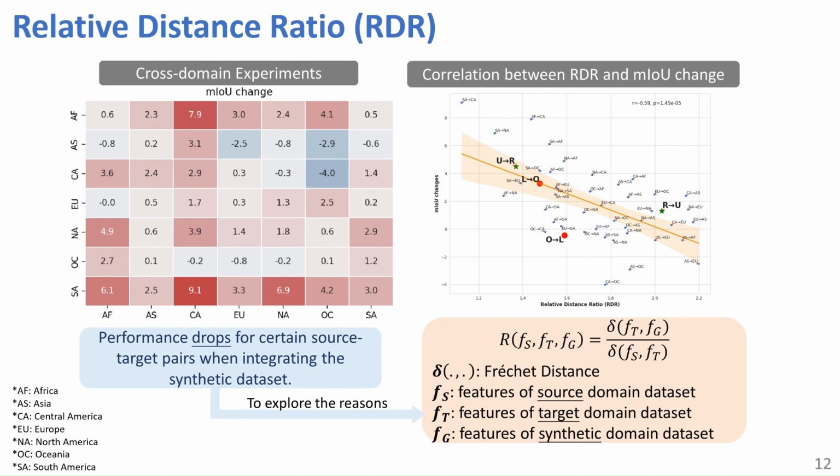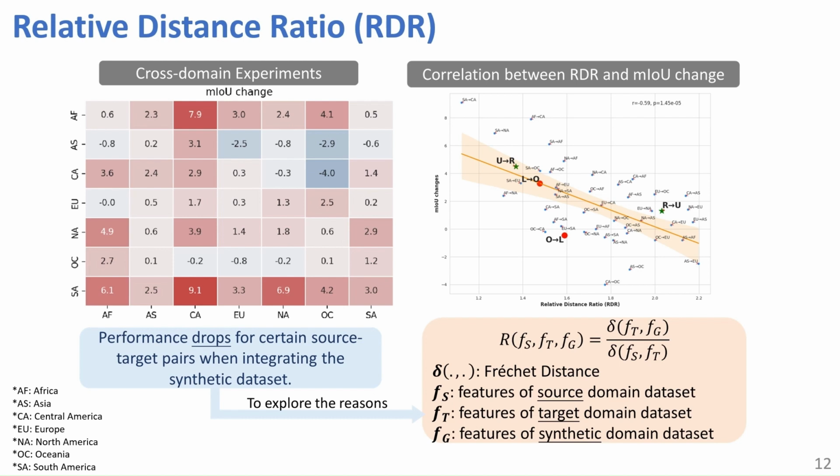The heat map on the left-hand side shows that for most cross-domain experiments, SyntheWorld enhances the performance. However, there are a few source-target pairs where SyntheWorld doesn't help, and may even reduce performance. To explain this, we introduce an RDR matrix to indicate when SyntheWorld is likely to be beneficial.